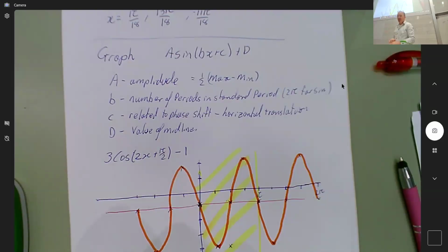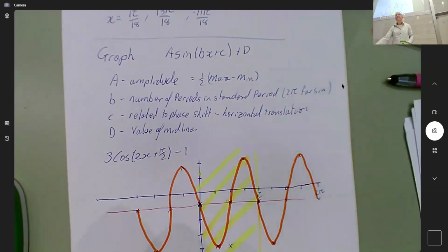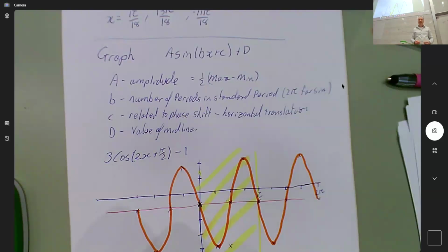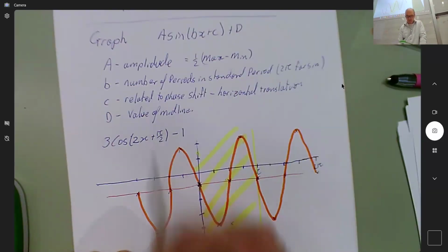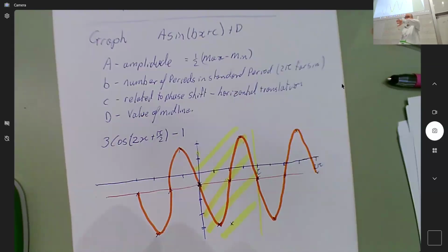So could I write that function more simply? This is one of those funky things. What do you see about that? The thing we know about sine and cos is they're basically horizontal translations of each other. And because this starts at the midline, because of this horizontal translation, it's pulled cosine back by pi on 2, but then half the period.